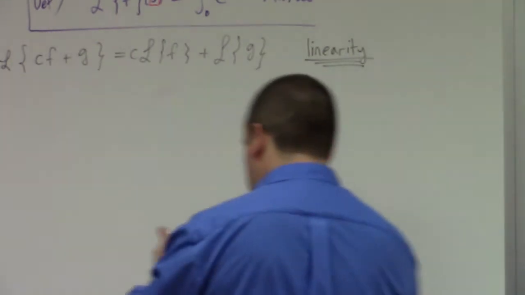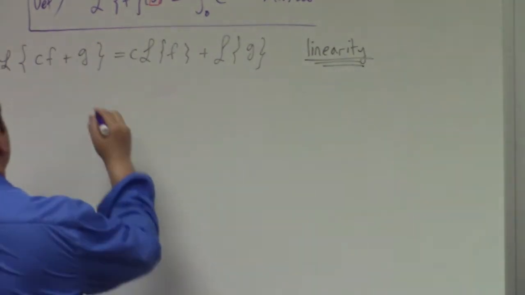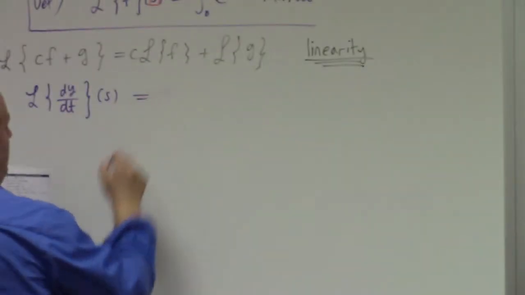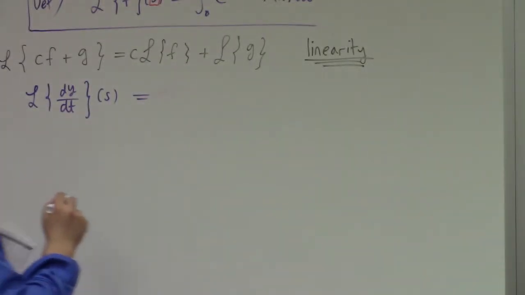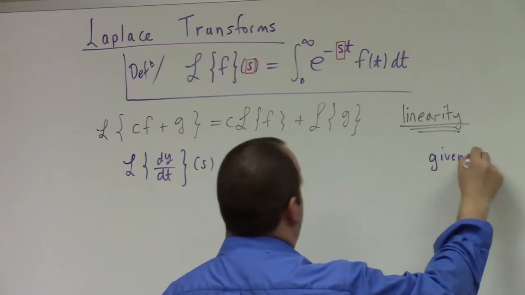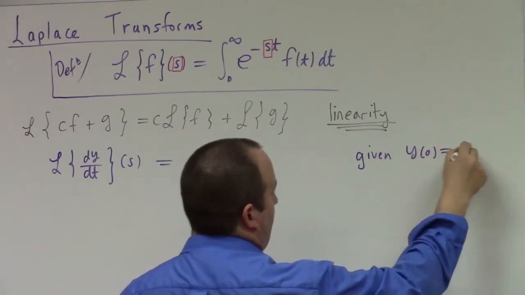Here's a less obvious thing. We can calculate the Laplace transform of, let's say, dy dt at s. And we're also going to say we're given y of 0 is equal to y naught.